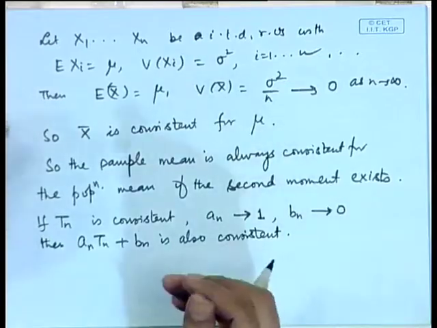So, unlike unbiasedness, where any change in the value of the estimator will destroy the unbiasedness property, consistency is a more relaxed kind of property. In the long run, if I modify my estimator a little bit, it does not make any difference, because the coefficient will converge to 1. So, in the long run both become almost the same.